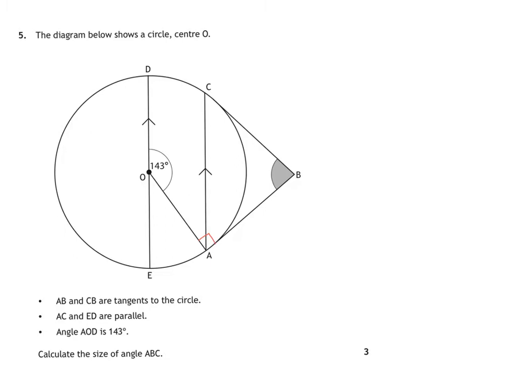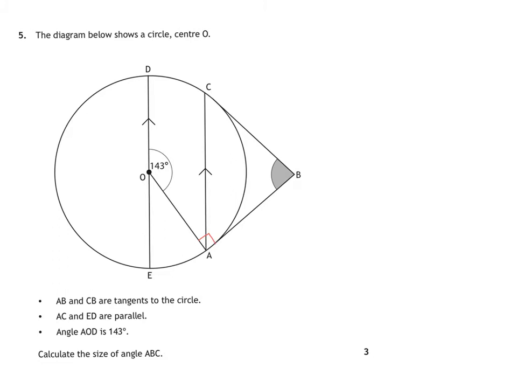We've been told that we have parallel lines, OD, well ED and AC as well. And we've been told the angle AOD, so the parallel lines are this one and this one, that's the arrows there. And we've been told that this angle here is 143. So we need to do some working, and it's easiest to just do it on the picture.